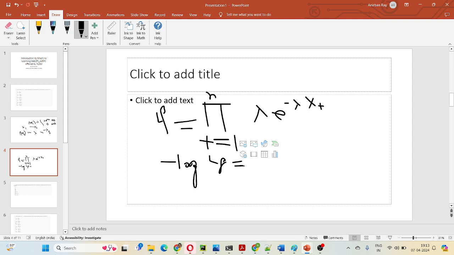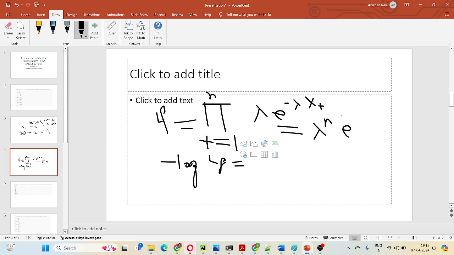So what will happen here? First of all, you can see lambda is multiplied n times, so that will be lambda to the power n.